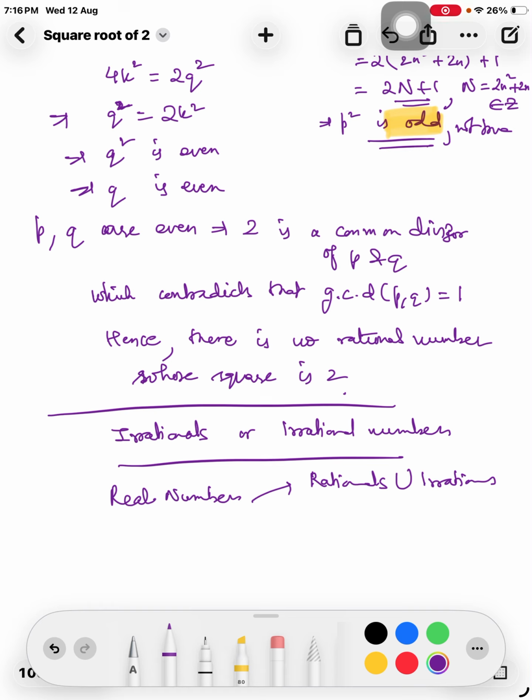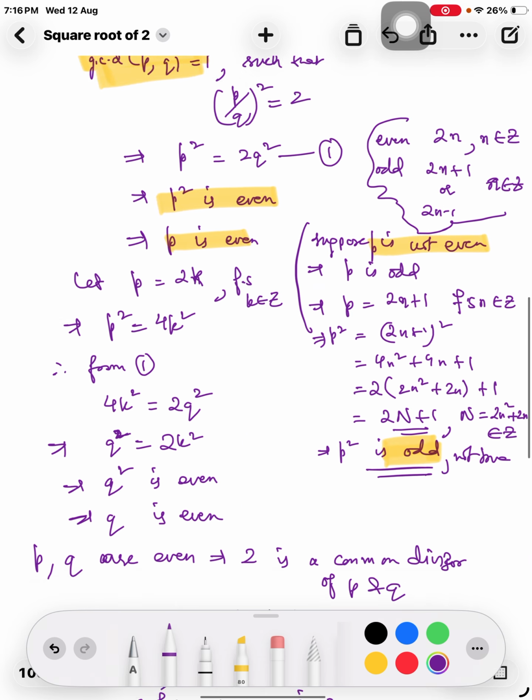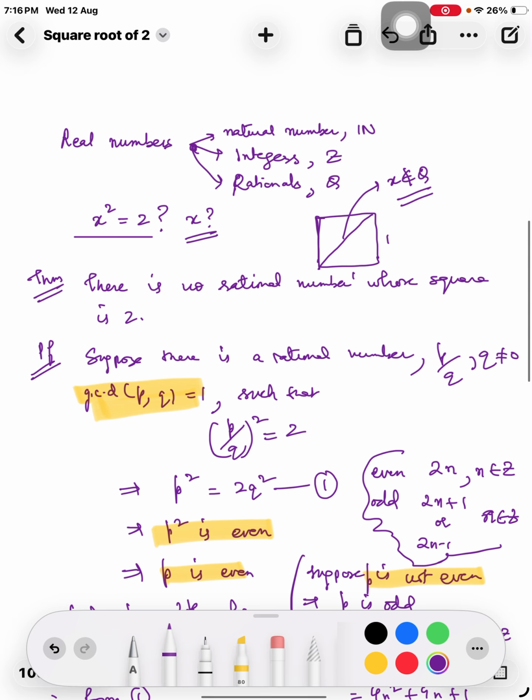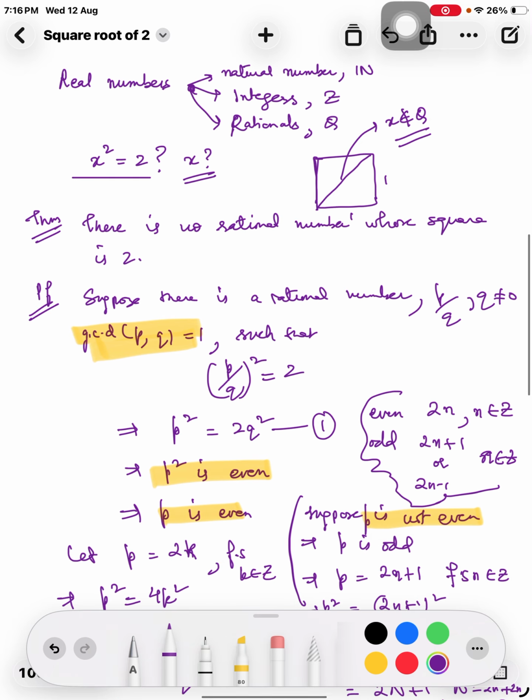And mind you, this union is a disjoint union, because no rational number is an irrational number and no irrational number is a rational number. So with this, we have touched a very important result, and we'll move on to the next topic in our next video.